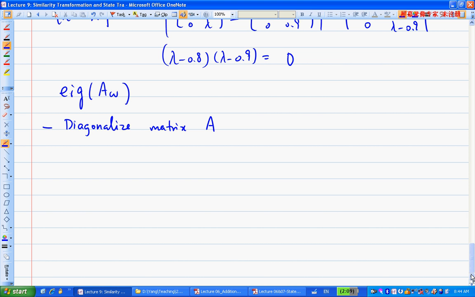The theorem is: let's say A is an n by n matrix.